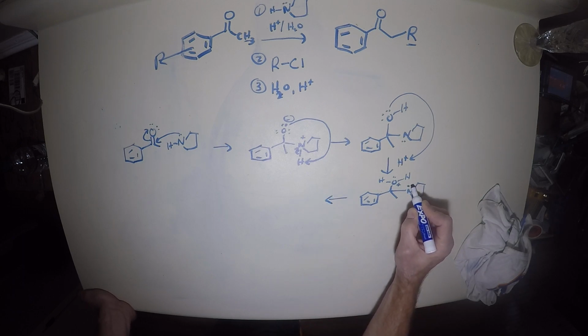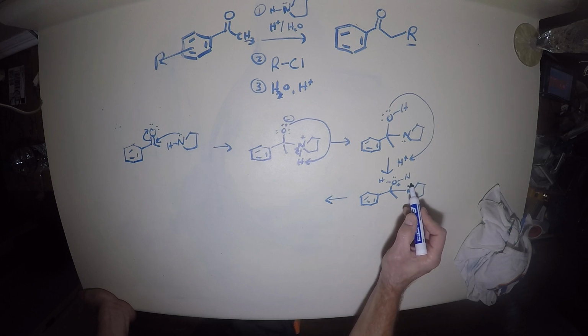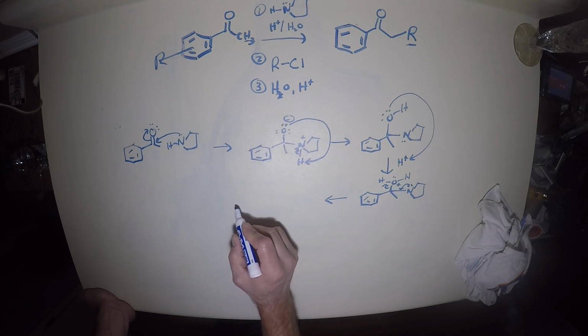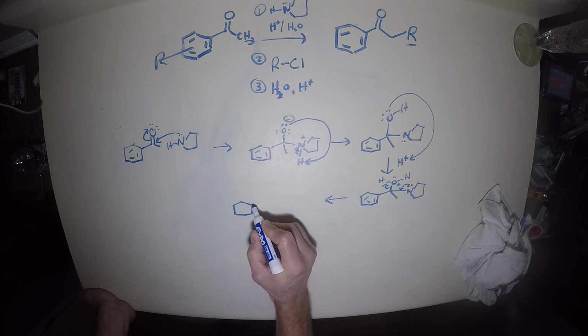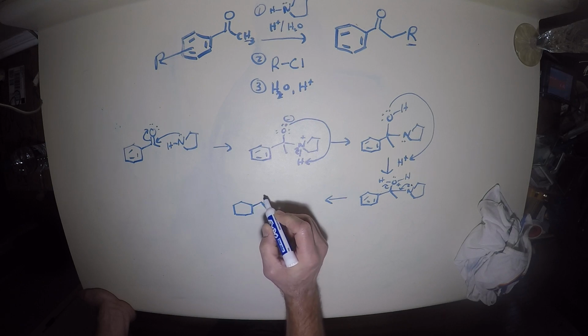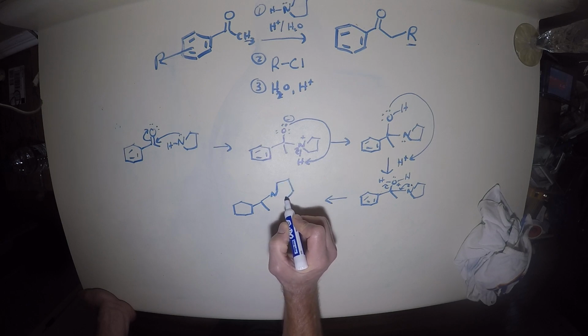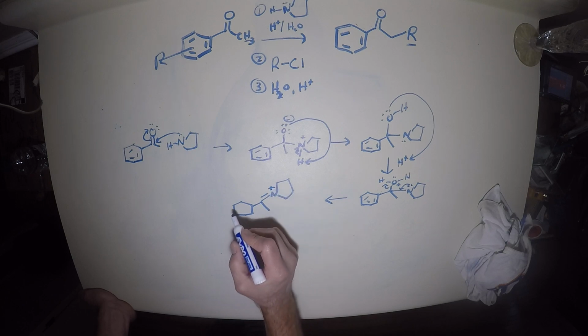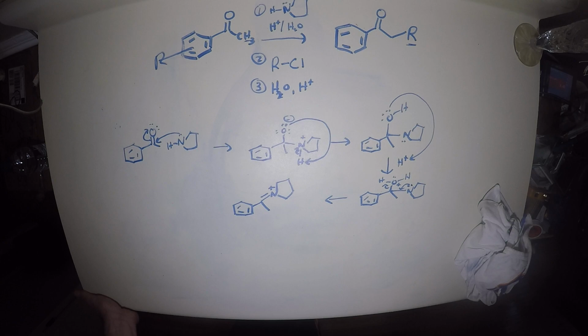And to assist the neutral water, we can give it a push from the lone pair on the nitrogen, and that would result in that species, which is called an iminium ion.